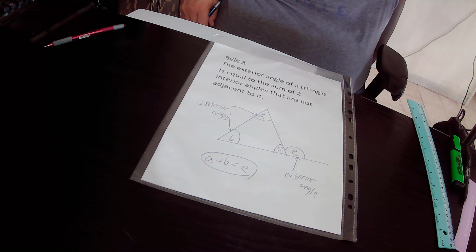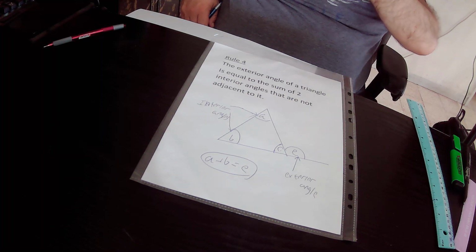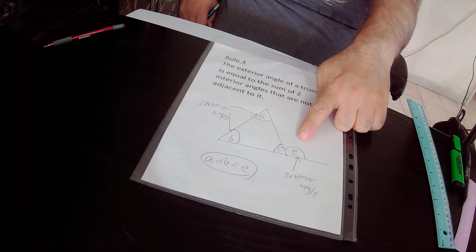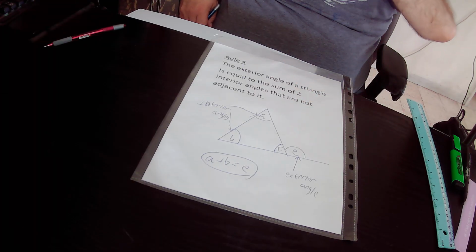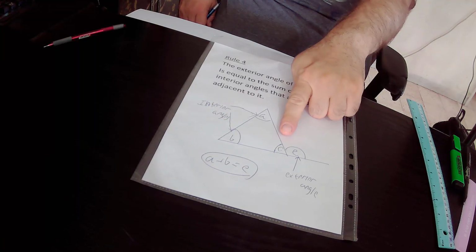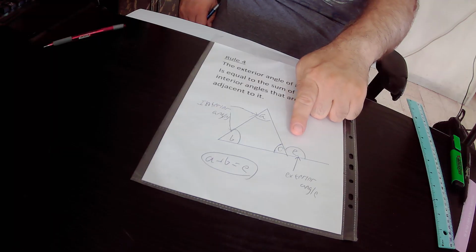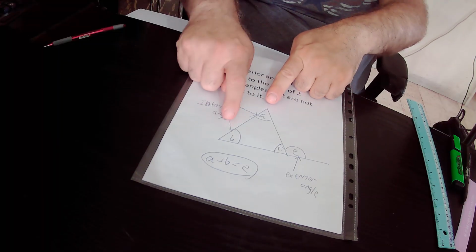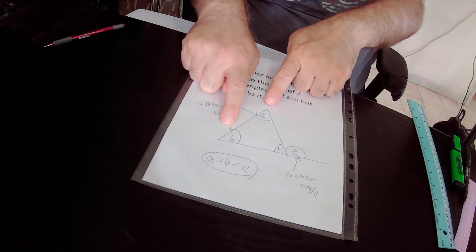And according to rule 4, the size of this exterior angle E is equal to the sum of the two interior angles that are not adjacent to it. This is angle C, an interior angle that is adjacent to angle E. And the two other interior angles that are not adjacent to angle E are A and B. The sum of those two interior angles is A plus B, of course.